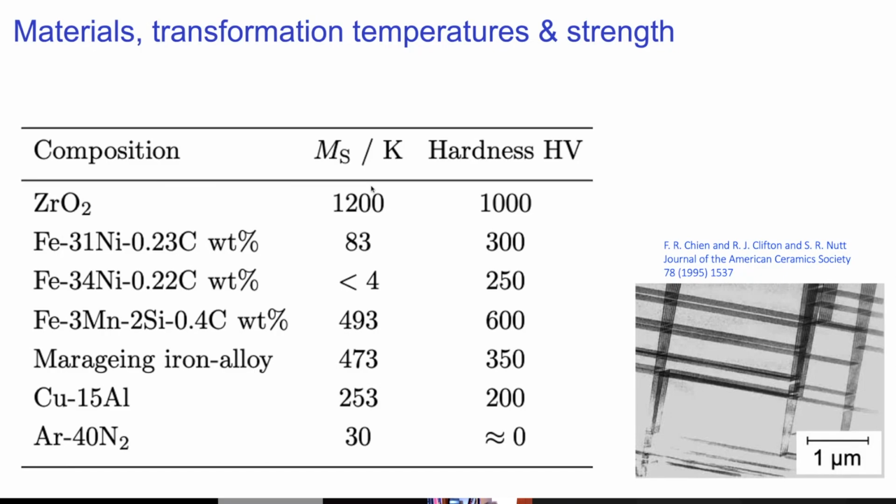It's basically that atomic mobility is limited and the driving force is small. Those two terms must go together. So here, for example, because we have a lot of nickel and carbon, the driving force for transformation is very, very small. Therefore you have to cool to a really low temperature before there is sufficient driving force for displacive transformation.